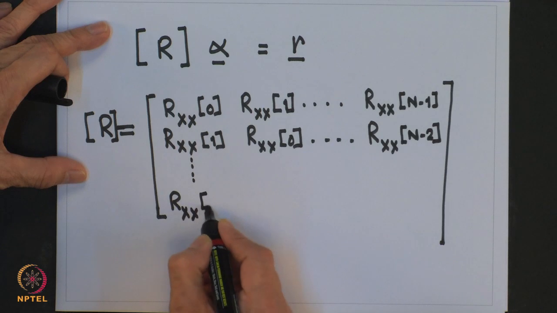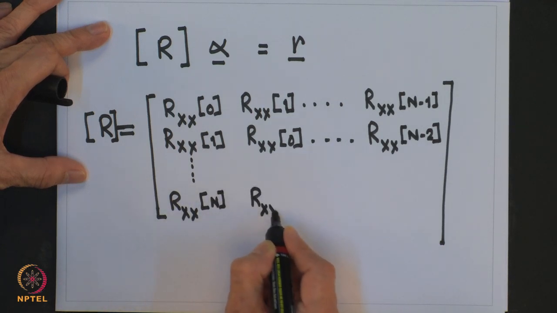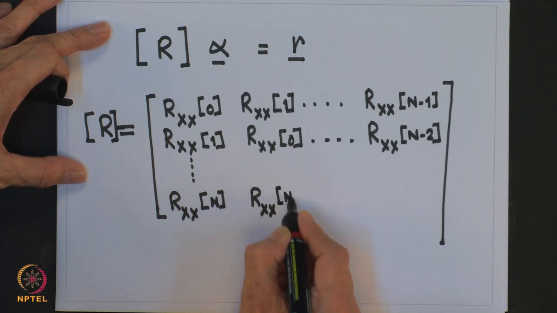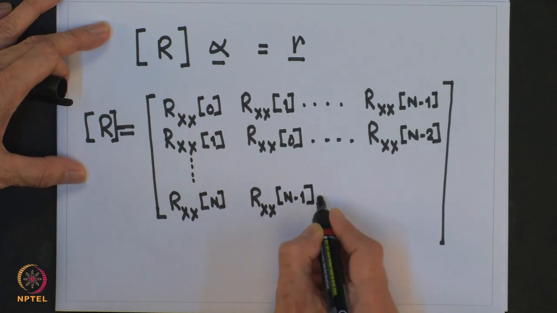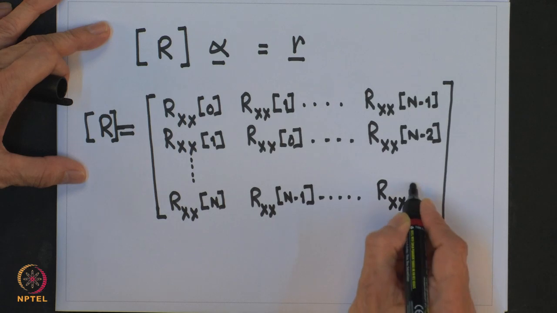While writing these terms in this matrix, we use the property of the autocorrelation, which says that this autocorrelation is a symmetric function.